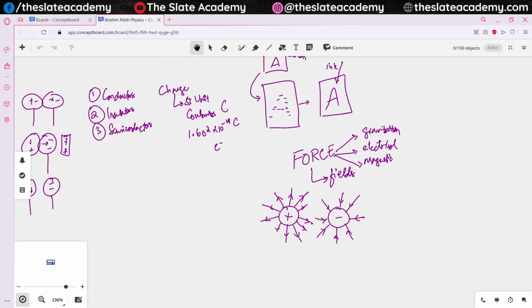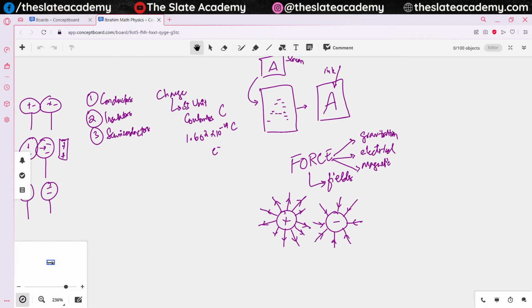So for a positively charged particle, the field lines would be going out of it, and for a negatively charged particle, the field lines would be coming in towards it.